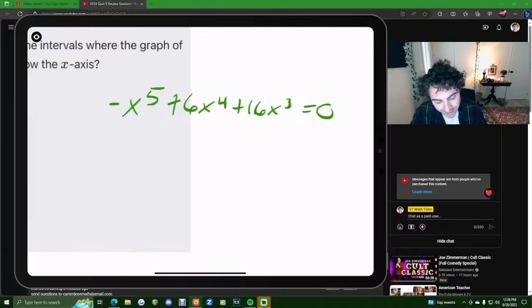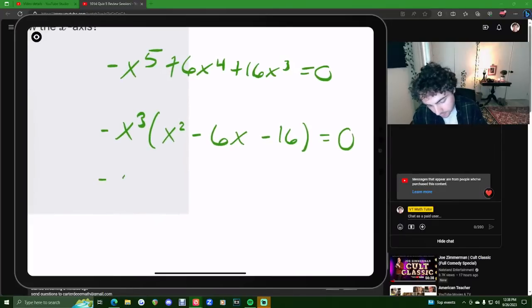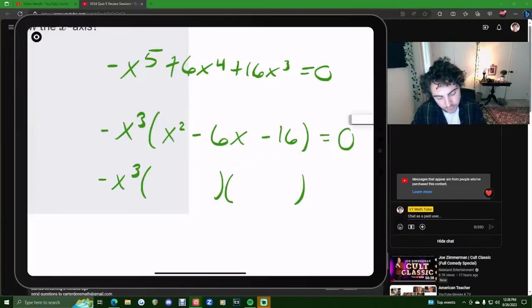So not just x cubed, but I would recommend factoring out a negative x cubed so that what is left is a positive x squared minus 6x and then minus 16. So from there, we have negative x cubed, and then we can factor this quadratic expression into two linear factors. We need two numbers that multiply to negative 16 but add to negative 6. So that would be minus 8 and plus 2.